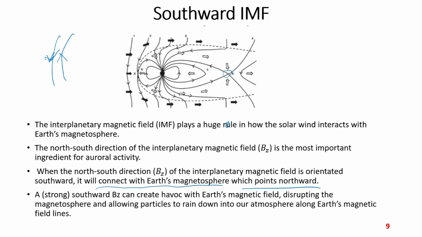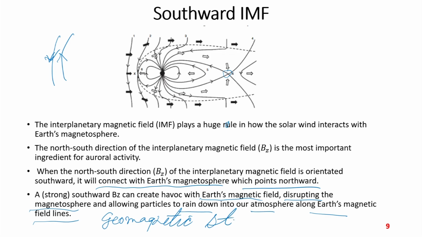If it is strong, it can create havoc with the Earth's magnetic field, disrupting the magnetosphere and allowing particles to rain down to the atmosphere along the Earth's magnetic field lines. This is called the geomagnetic storm.